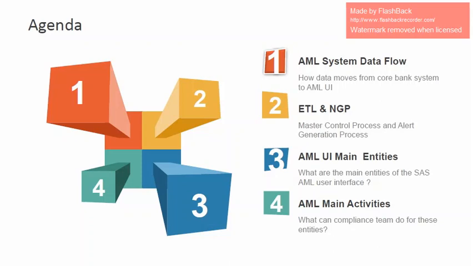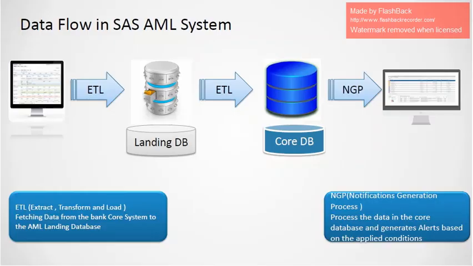Third, I'll talk about AML user interface main entities, and finally I'll talk about the main activities that are being performed on the entities in the AML system. Okay, so how data is being transformed or loaded from the bank core system to the AML system or the AML user interface.